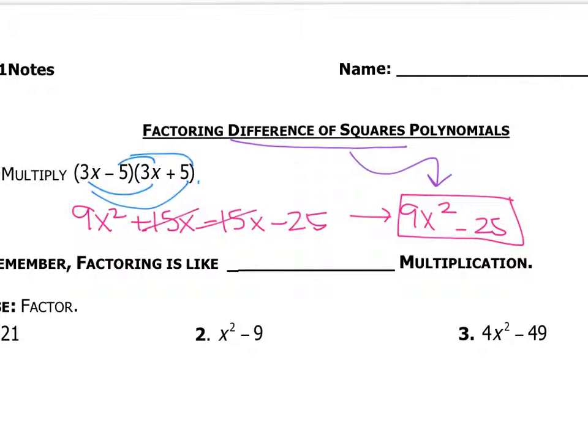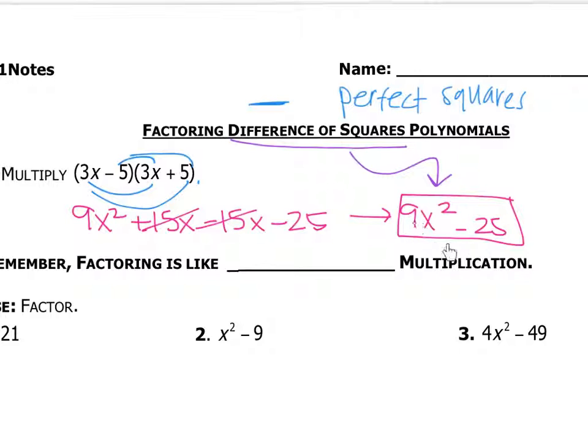You take the difference of two numbers. What are you doing? You're subtracting. This is a subtraction of two perfect squares. So if you look at what we have here, you see a subtraction, and then these are both perfect squares.